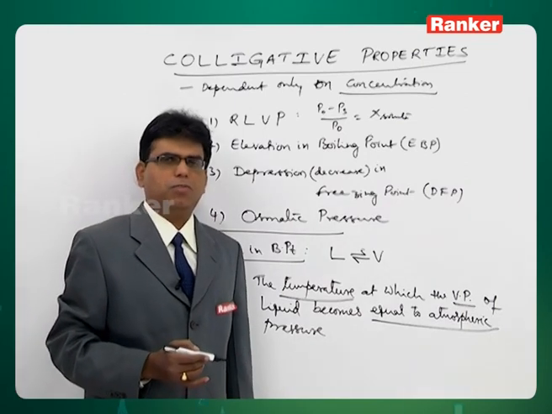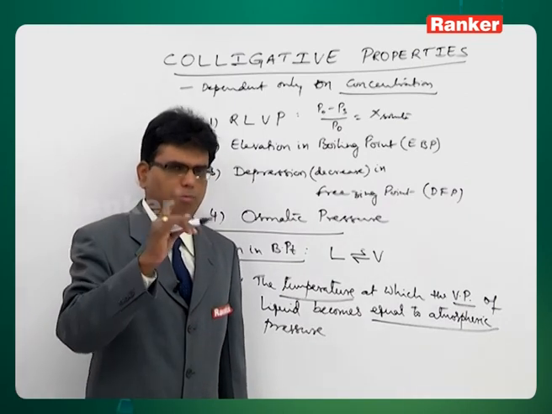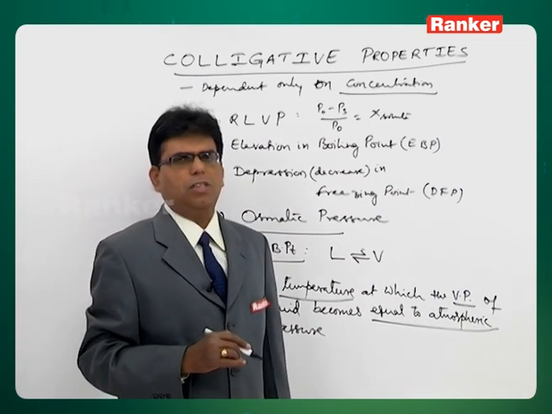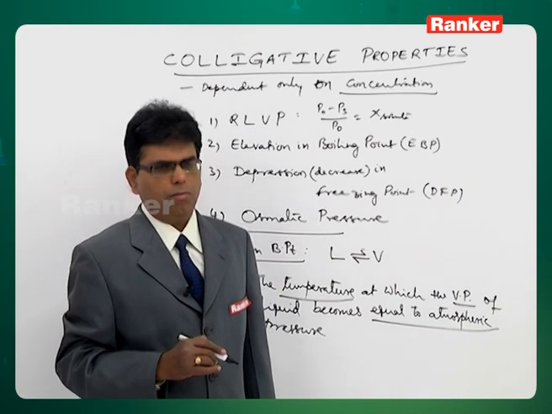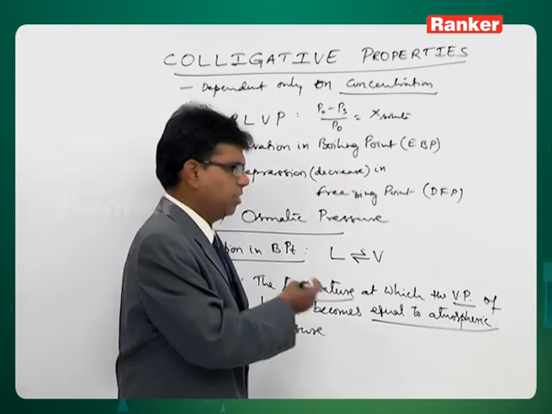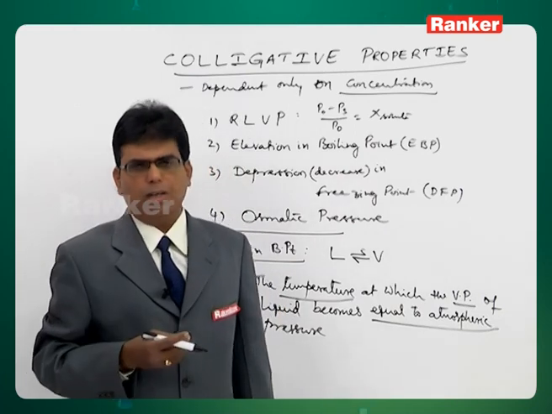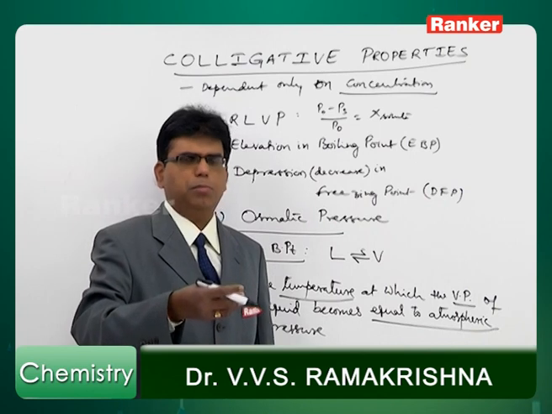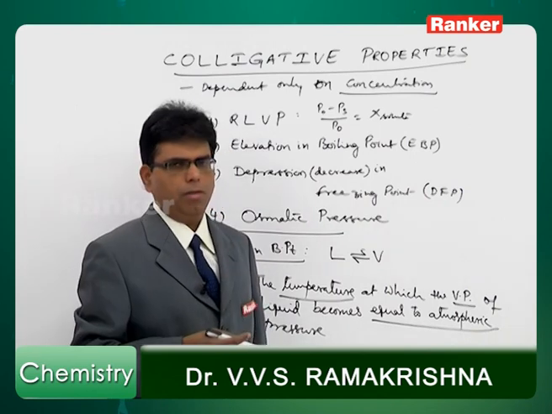Normally we take atmospheric pressure as 1 atmosphere. Every liquid will have its own vapor pressure, as we have already discussed. For example, in another lecture we discussed volatile and non-volatile liquids. A volatile liquid evaporates fast, and its vapor pressure is relatively high.